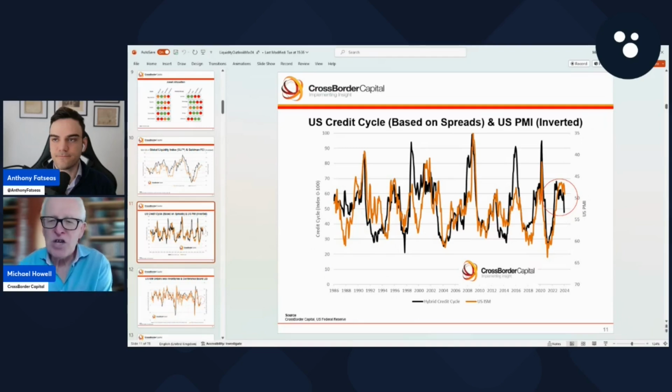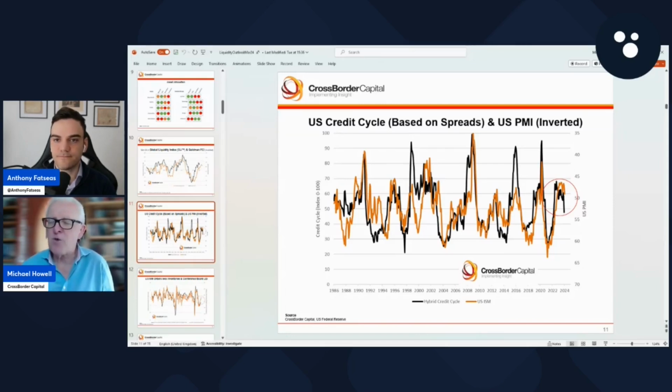This is looking at the US credit cycle. The black line here is a hybrid measure of credit spreads in the US. When that index is high, it's showing that credit spreads are wide. In other words, the spread between safe asset government bonds and credits is very wide.